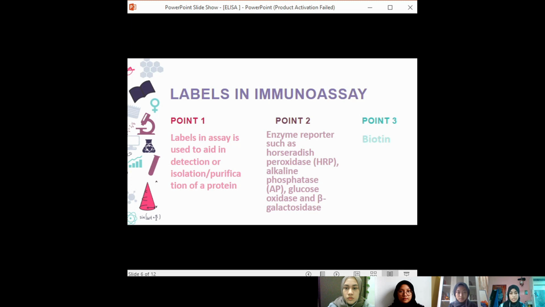They can produce colors such as brown, purple, and yellow when reacting with substrate. The second label that is usually used is biotin. Biotin is often employed to increase the sensitivity of an assay when an antigen is difficult to detect.